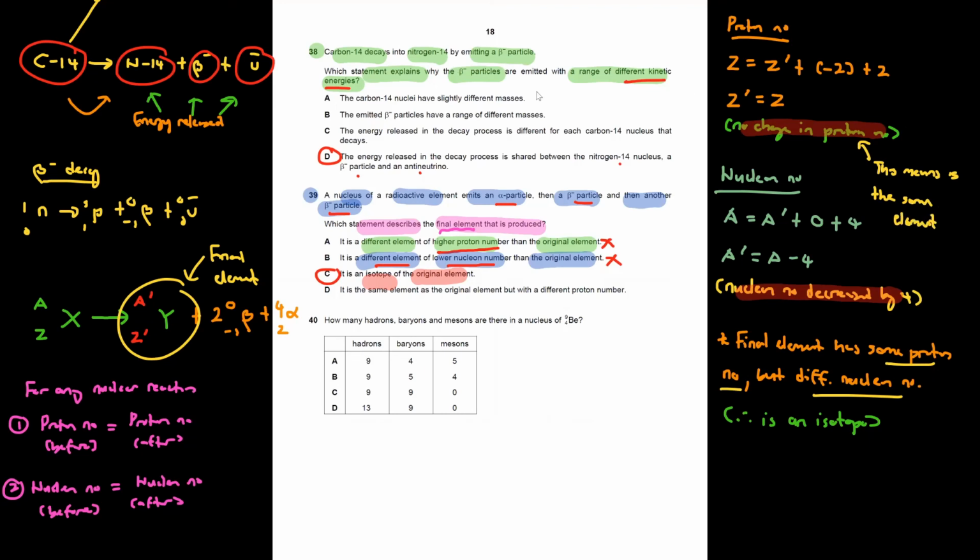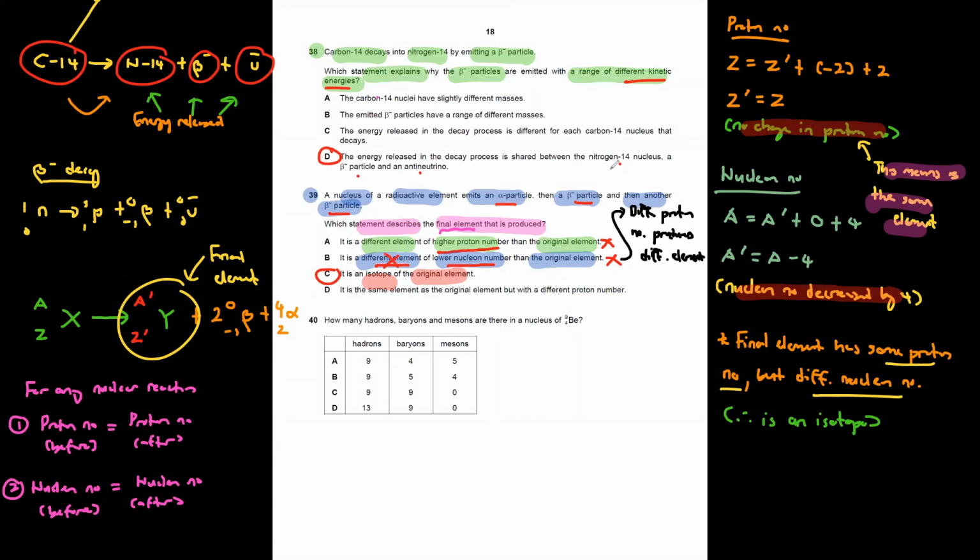Let me just write another statement here: different proton number produces different element. So in our case, as the proton number did not change, it would still be the same element. What's wrong here is them saying it was a different element in the first place. It should be the same element.